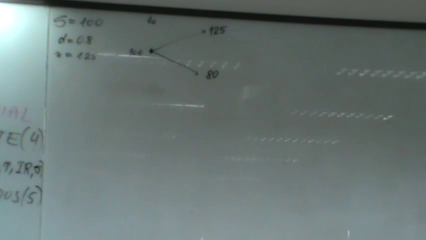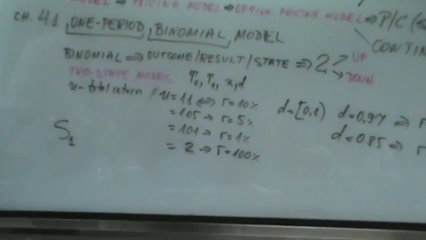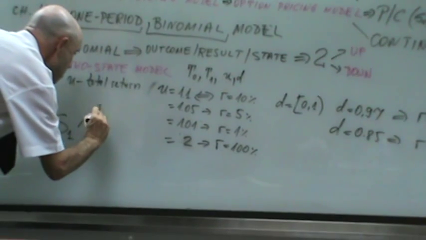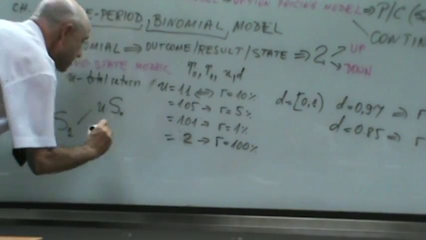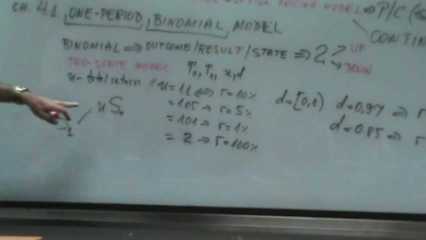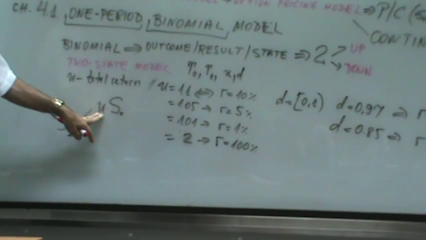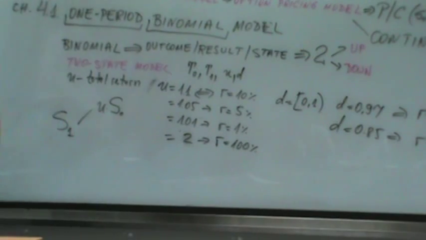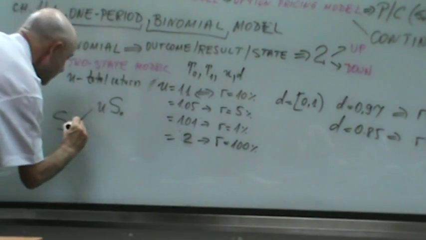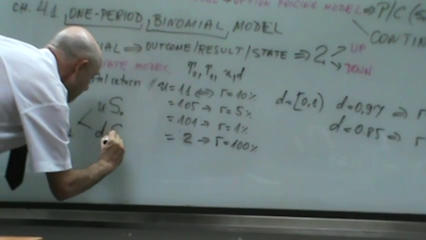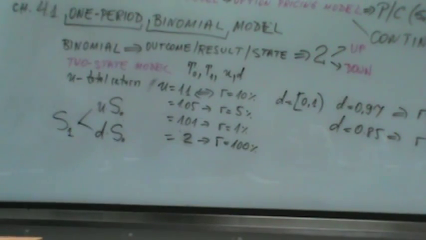So the price S1 will be either U times S0, so you multiply S0 times U, the return on the upside, or D times S0 on the downside.